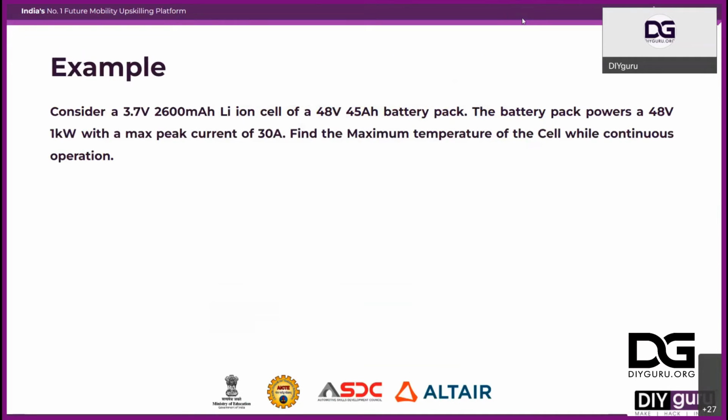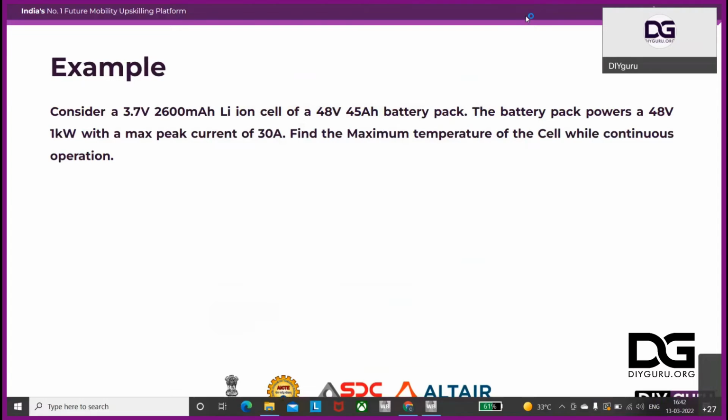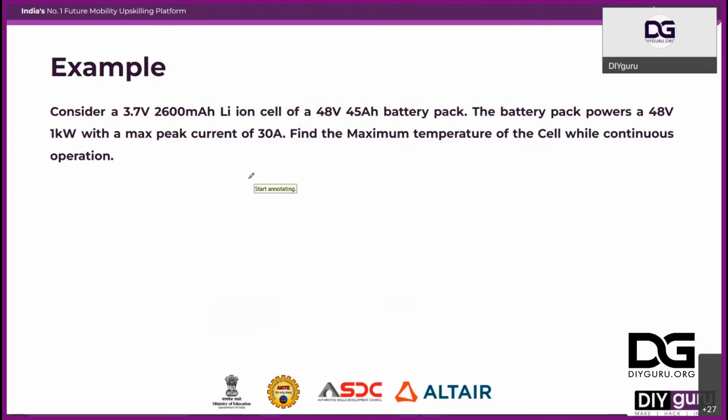Now we'll come to the main thing. Consider a 3.7 volt, 2600 mAh cell. The battery is a lithium-ion battery pack of 48 volt and 45 ampere hour, with the cell rating of 3.7 volt and 2600 mAh.